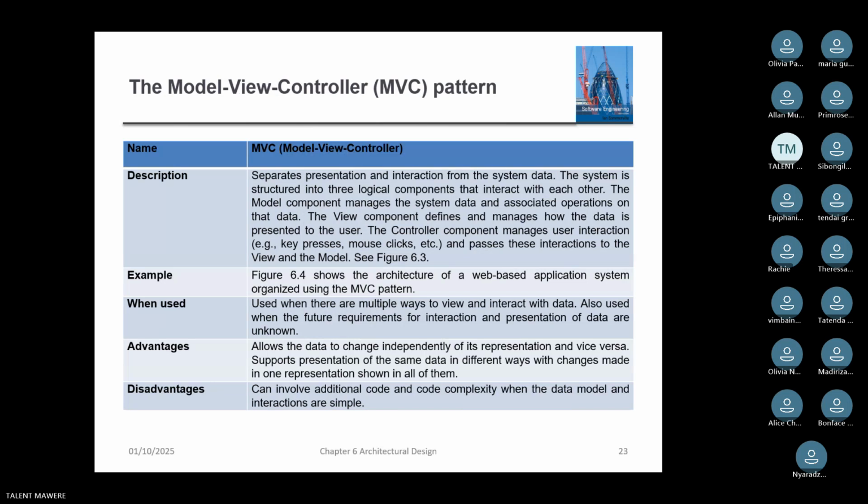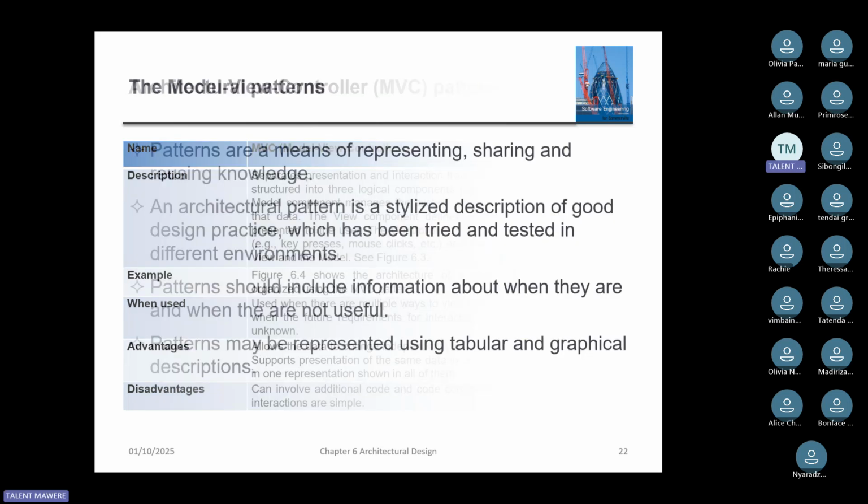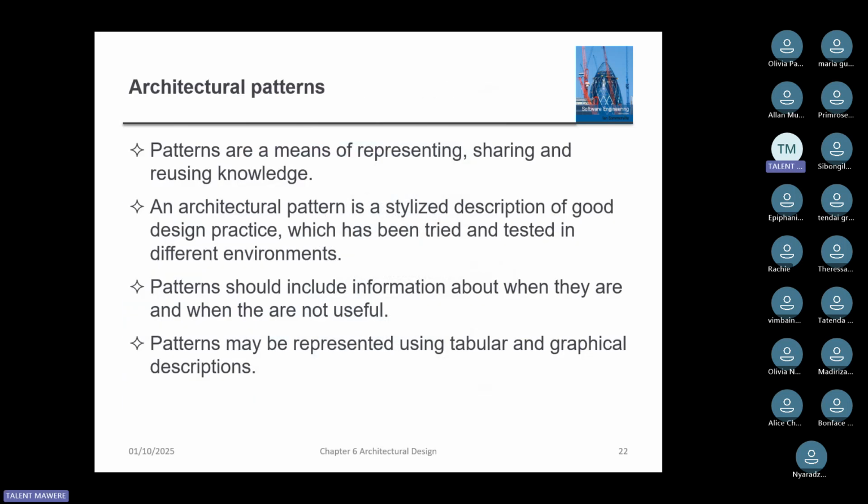So there are several architectural patterns. Architectural patterns are means of representing, sharing, and reusing knowledge. An architectural pattern is a stylized description of good design practice which has been tried and tested in different environments.